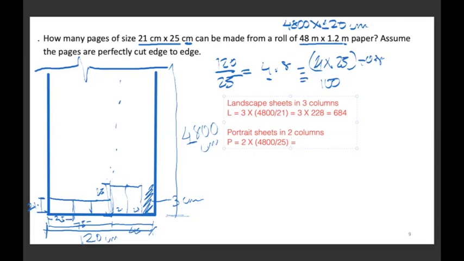So this comes to 2 multiplied by 192, which comes to 384. When you add the total sheets which can fit in, it comes to 684 plus 384, which is equal to 1068. So the total answer is 1068.